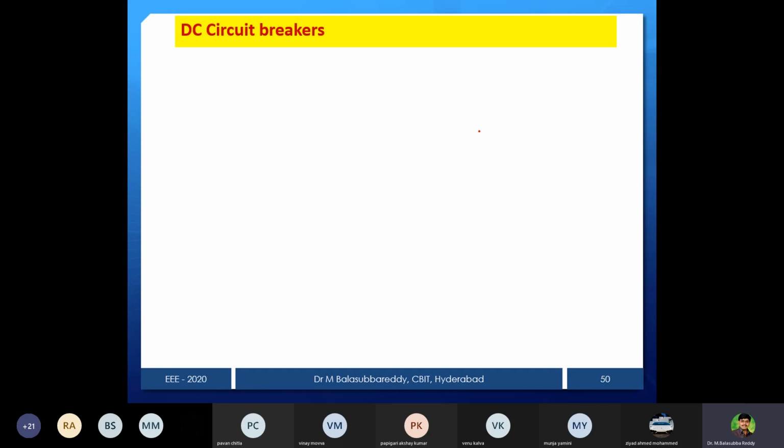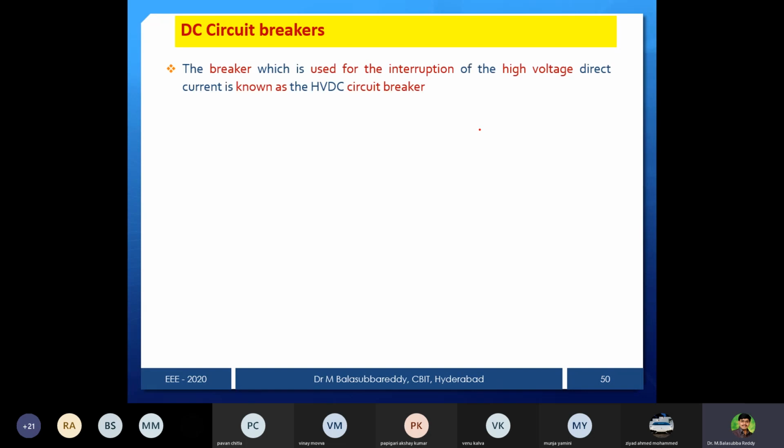But in a DC circuit breaker, the current never goes to natural zero. So what we have to do is make the current zero artificially, and at that instant we can turn it off. The breaker used for interruption of high voltage direct current is known as an HVDC circuit breaker.